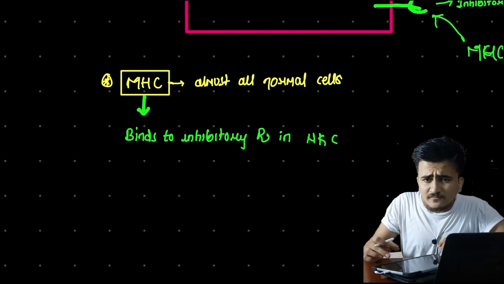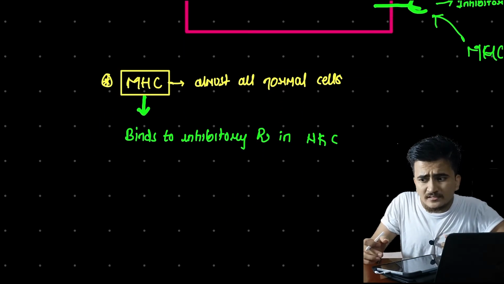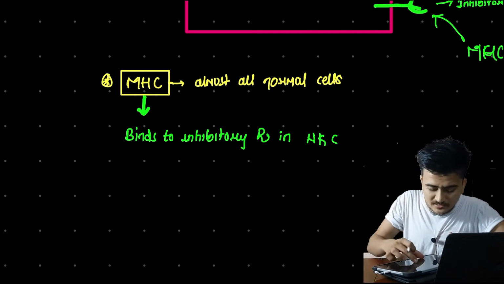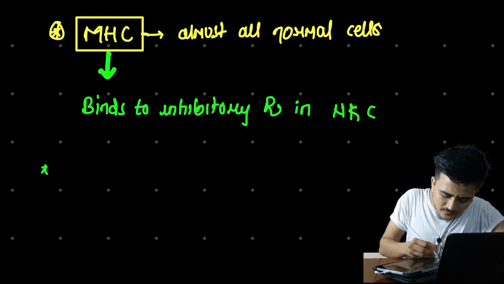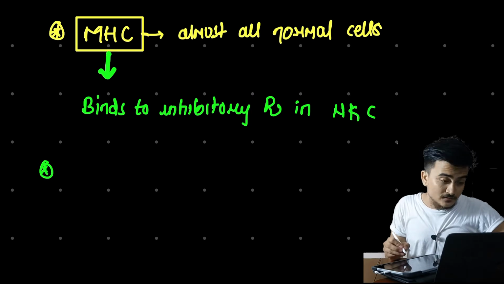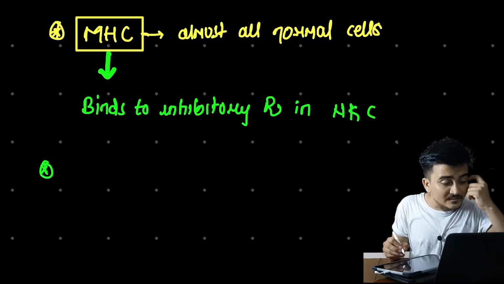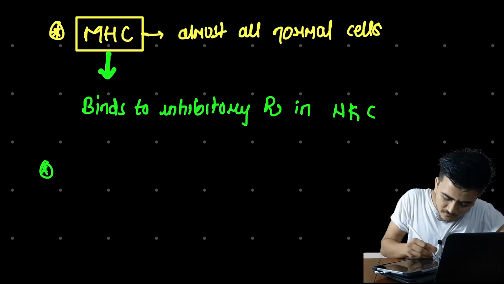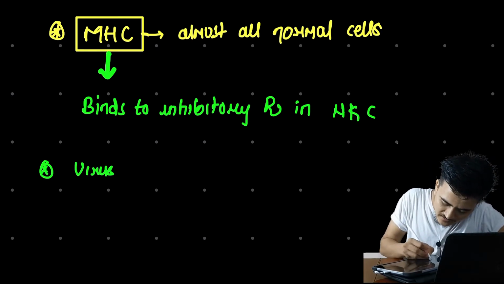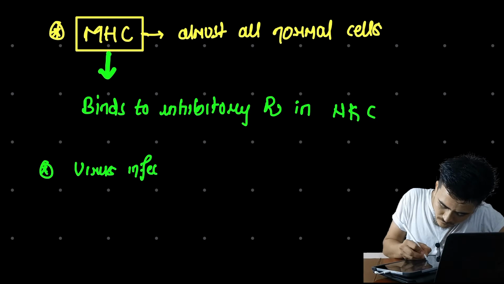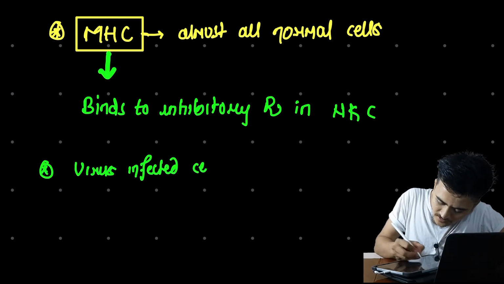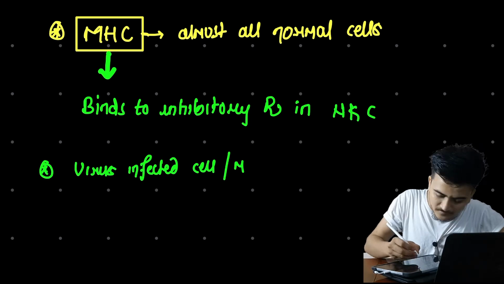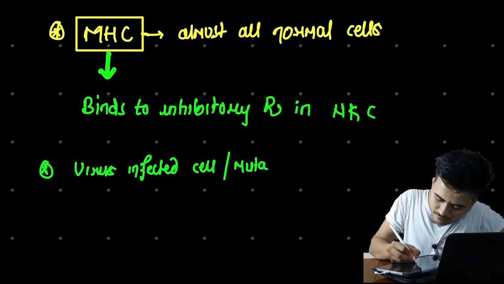What about the case of virus infected cells, cancerous cells or tumor cells? In the case of such infected cells, what happens? I'll write here virus infected cells, or we can say mutated cells.